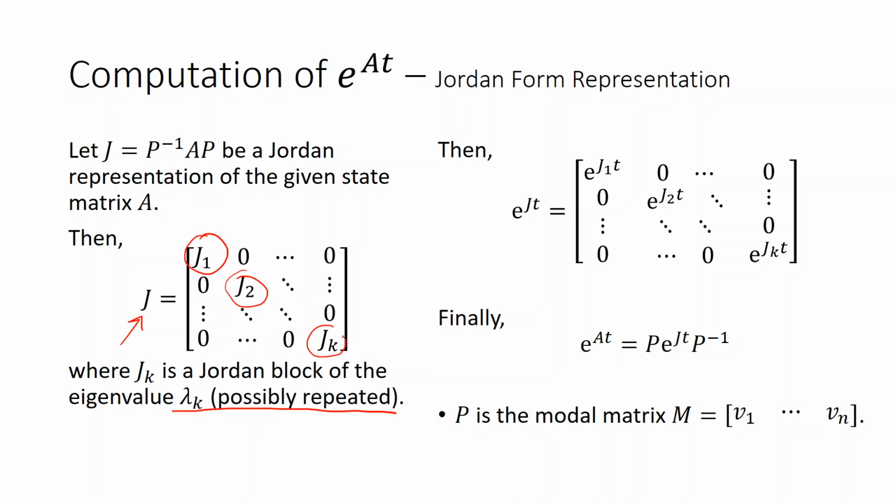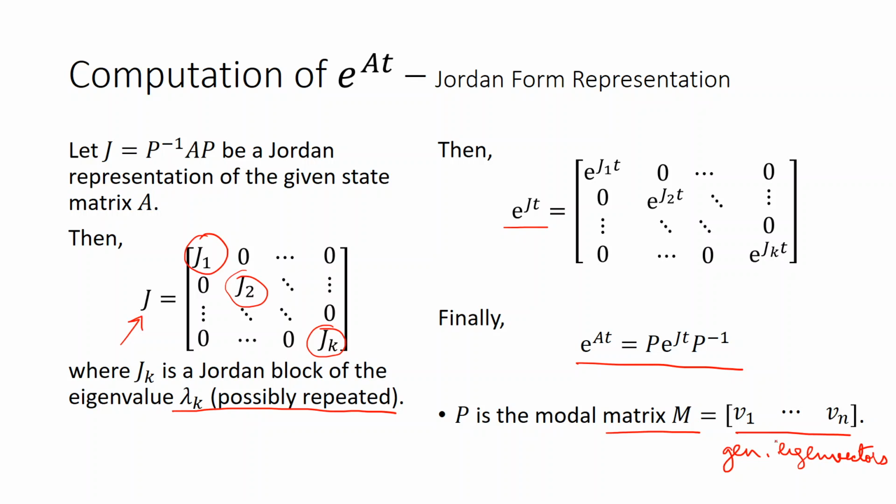When you have e to the power of Jt, you have e to the power of J1 t, e to the power of J2 t, likewise e to the power of Jk t in the diagonals. In the same manner you have this relationship, and what is your modal matrix M? These are the set of generalized eigenvectors.